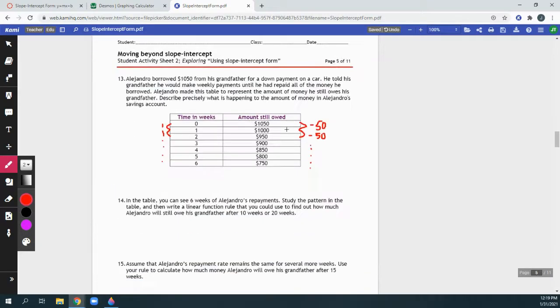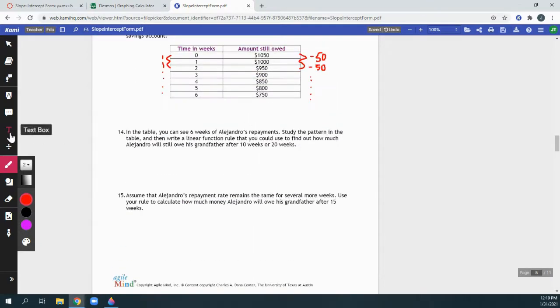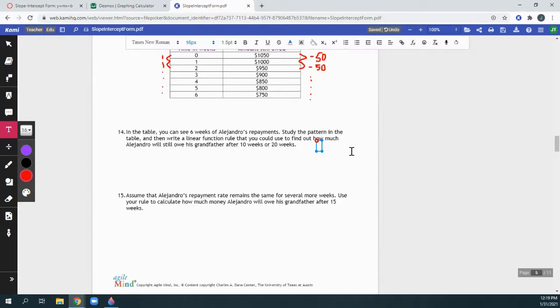Okay, I'm going to write that right here. Slope, change in y divided by change in x. Intercept is where x equals 0. All right, so that's how we're going to find it.